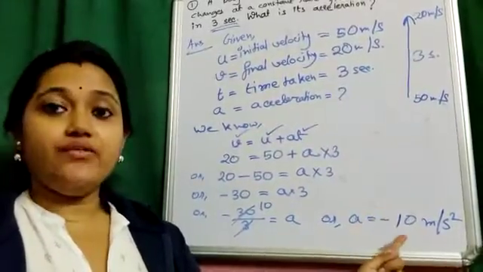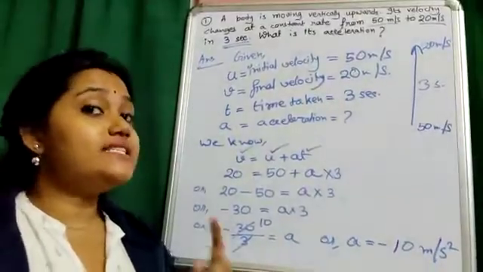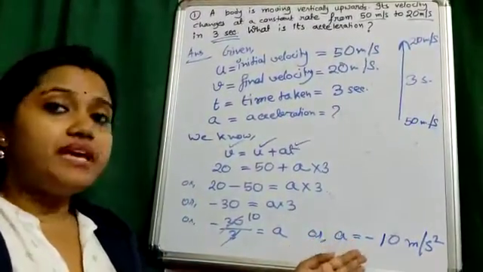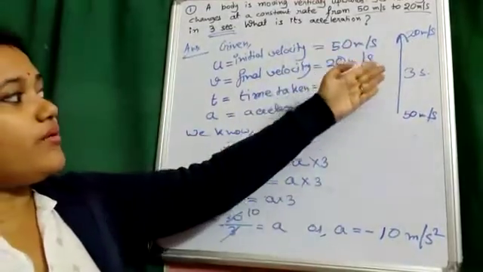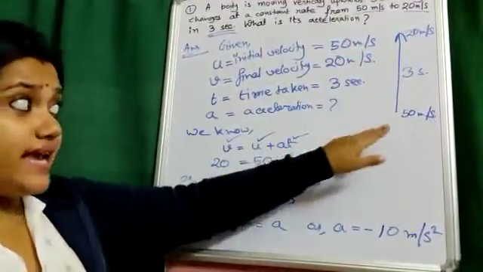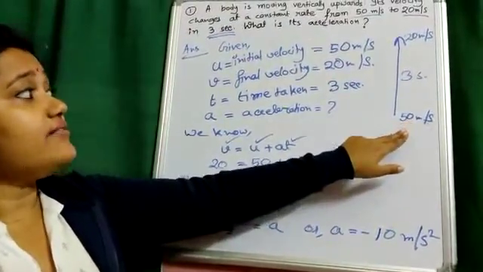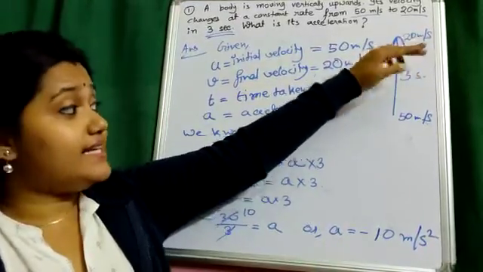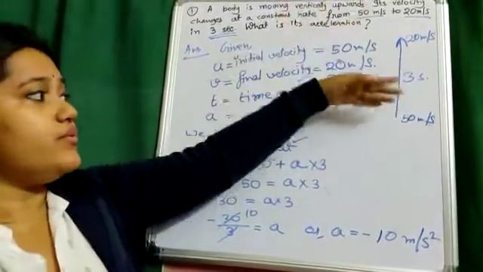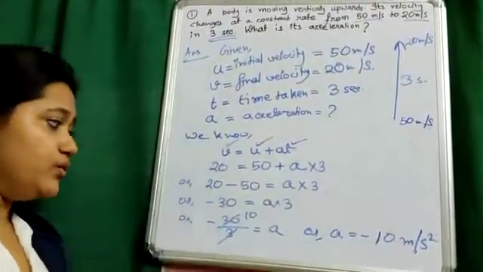It is also called retardation. It means velocity is decreasing. Going to our picture, yes, initially the velocity was 50 meter per second and finally the velocity got to 20 meter per second. That is, it is decreasing slowly as it goes upward.